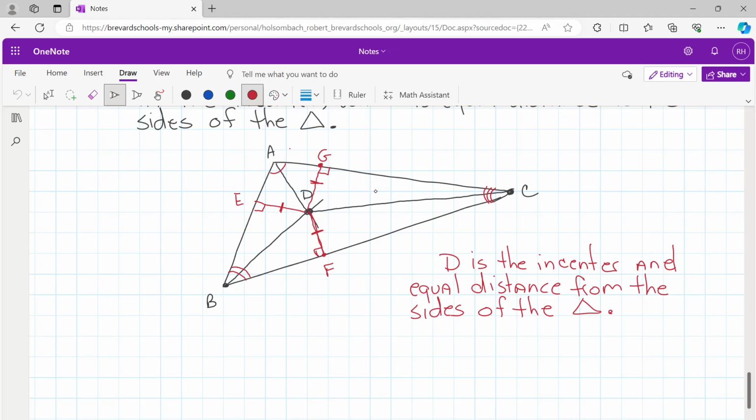Let's say D to C is 15. Here's what we get. We get a 12. And let's say you're asked to find, let's go with DE.